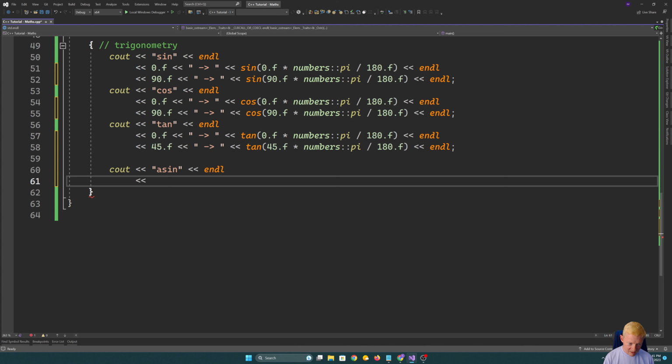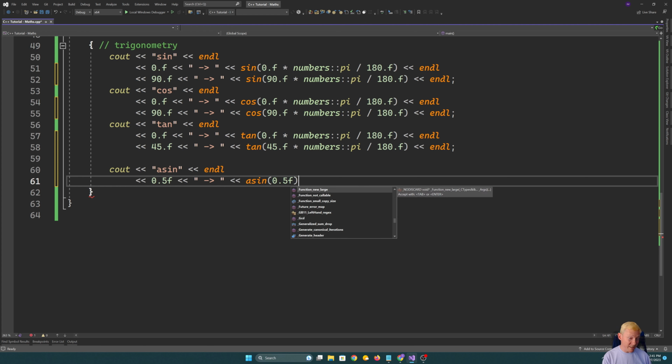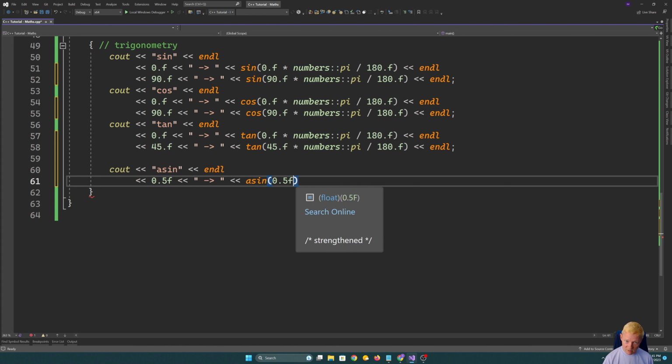So if I say that the input is 0.5 and then I output the asin of that, so asin of 0.5f, that will come back to me in radians. So if I want to convert that to degrees, I do the reverse of what I did here.